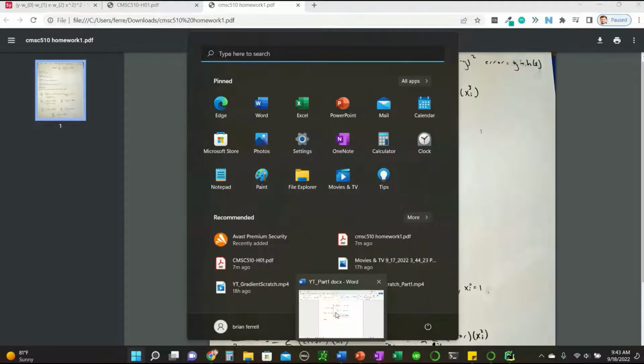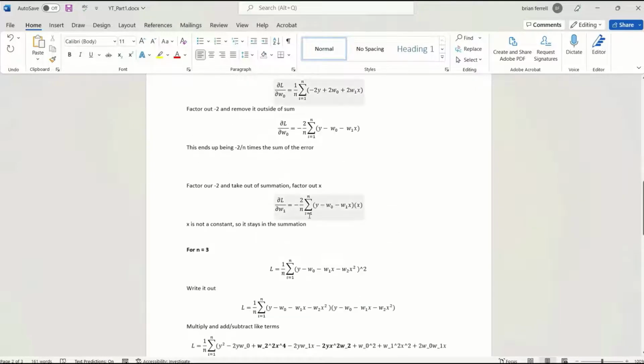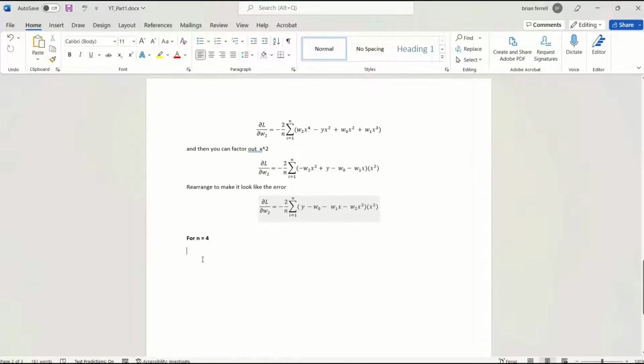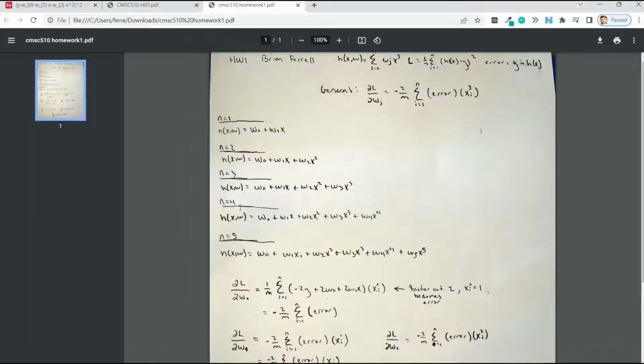So if we go back to our Word document, I'm going to be copying and pasting from the previous part. So this is still squared, and then minus weight 3 to the power of 3. So if we go back to this, actually I need to add on another one.